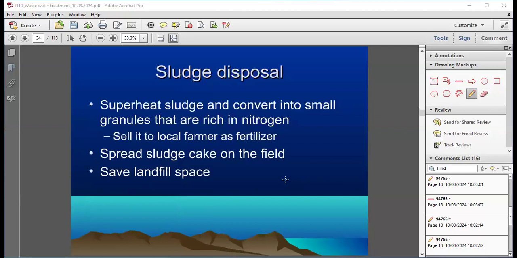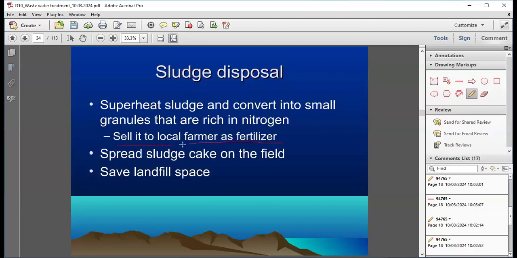The sludge disposal: superheat sludge and convert it into small granules that are rich in nitrogen. Sell to local farmers as fertilizer. It's one important thing. So it's converted as a fertilizer.